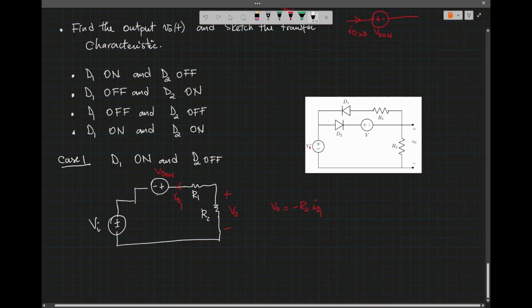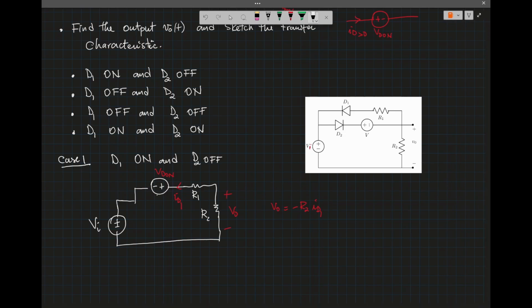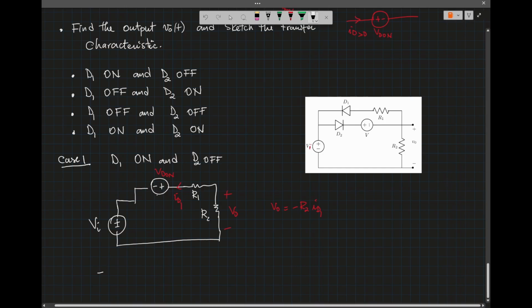We have negative VI, minus VD on, minus R1 ID1, minus R2 ID1 equal to 0.